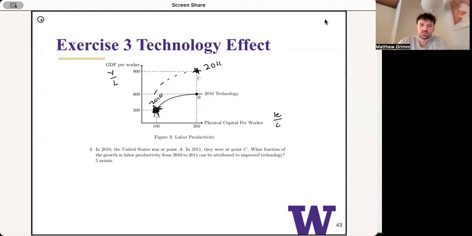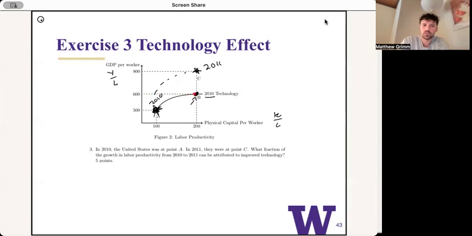Remember, if technology is the same, so if we are in 2010 technology and we are at this point right here, meaning we have physical capital per worker of 200, we should expect to be at point B. So the increase from 500 to 600, that has nothing to do with technology.